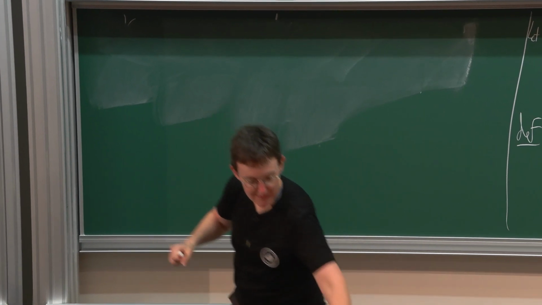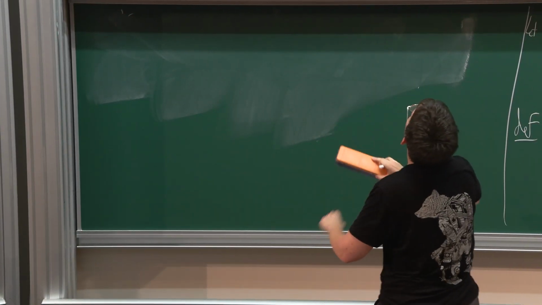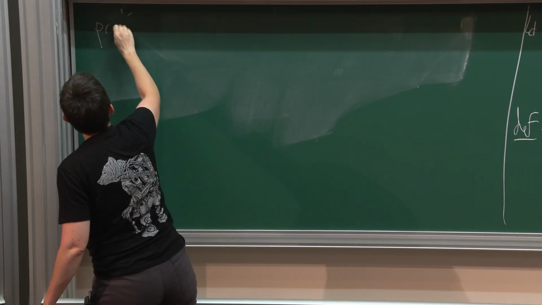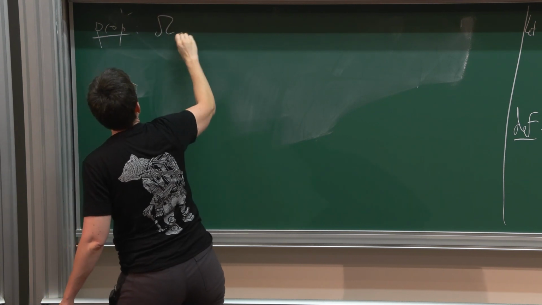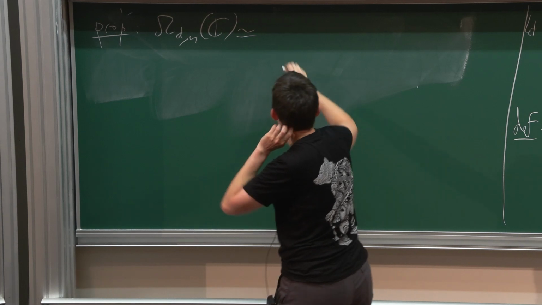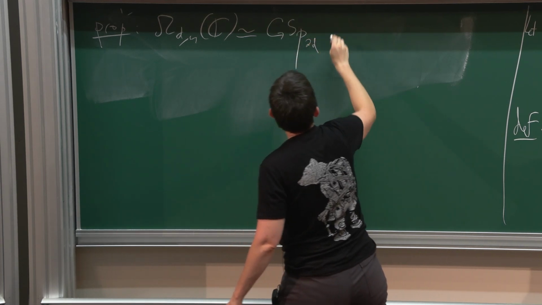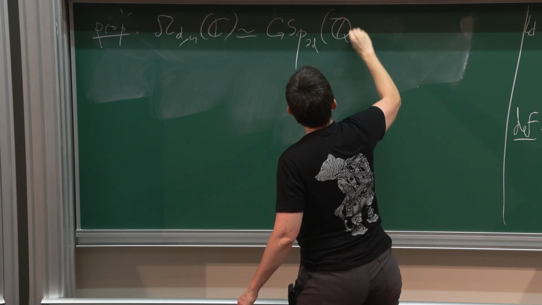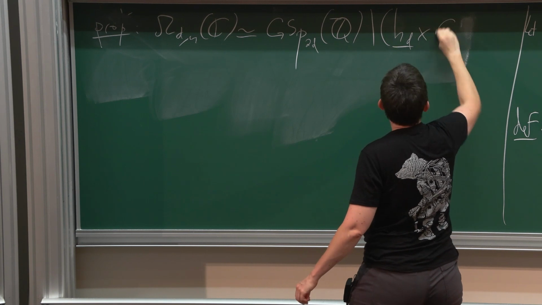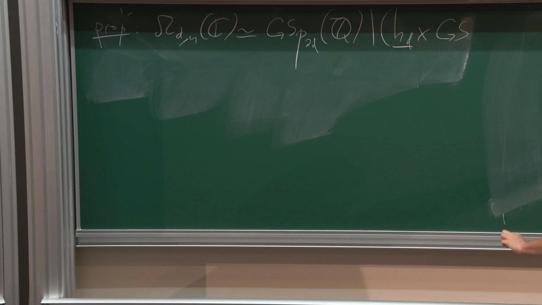So the corollary, maybe I'll make it a new proposition. What are the C points of this? They are just in bijection with this GSp2D of Q, okay, adelic double quotients are so messy.